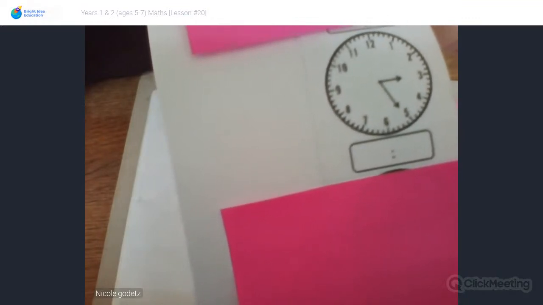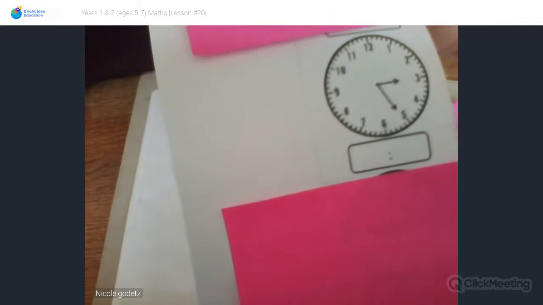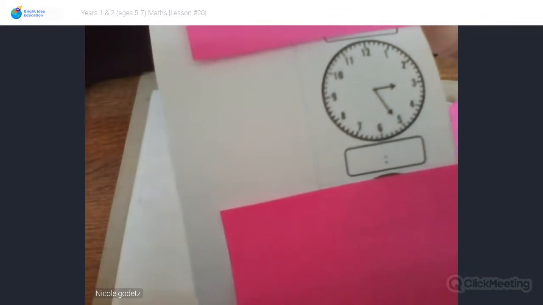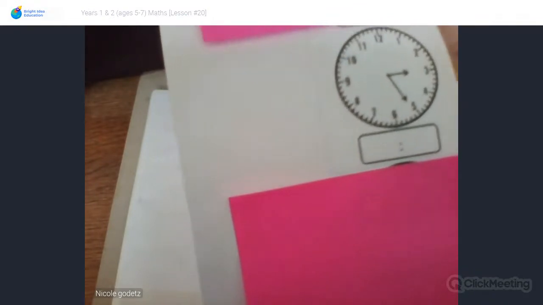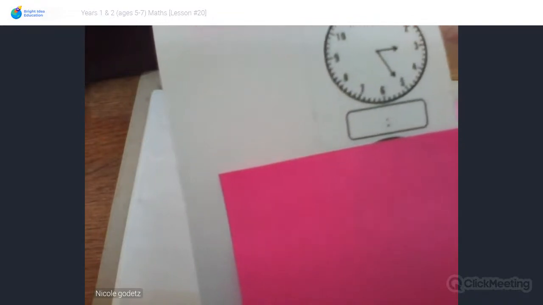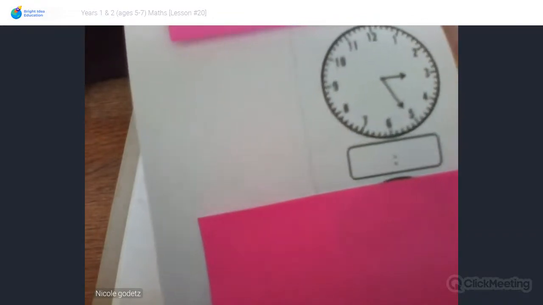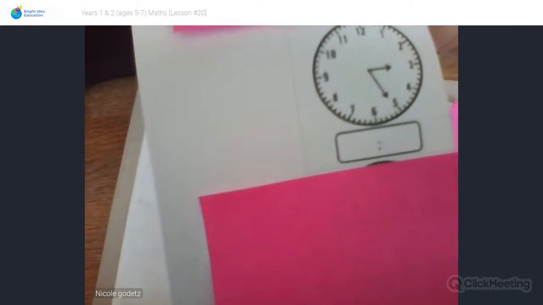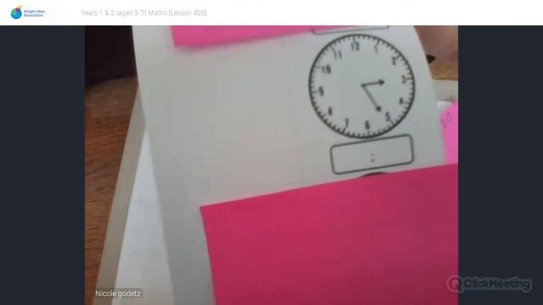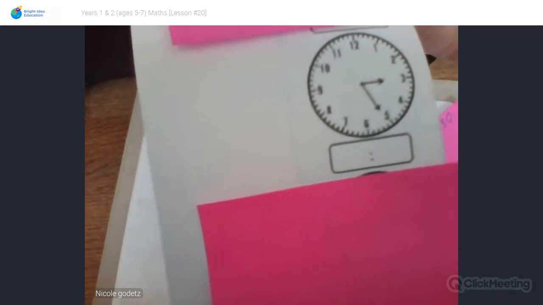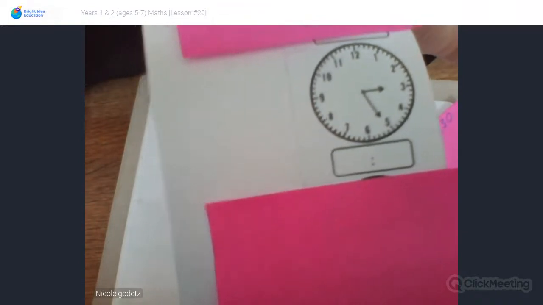It can't be 3:25 because the hour hand has not reached the 3 yet. I do agree the artist who drew this clock could have made the hour hand a little bit clearer because it looks like it's pointing to the 3, but it has not gone past the 3.